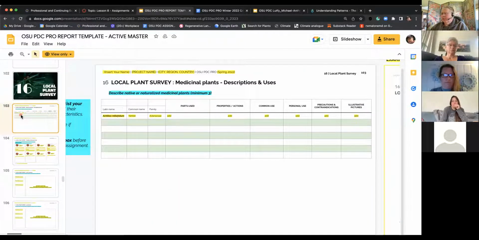Local plant survey. So yes, we're looking at medicinals and other uses, and we can list 5 naturalized plants below. And it is quite amazing when you go through this, the variety of uses that plants have that we may or may not have been aware of.